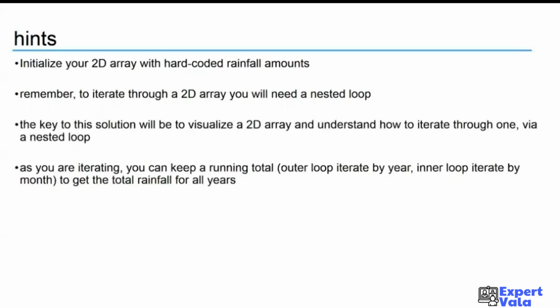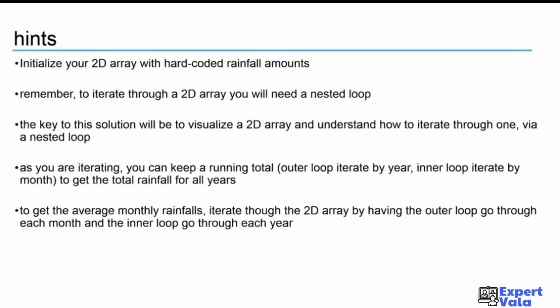So your first goal should be to just get that total rainfall for all years. And as you are getting the total rainfall, you can just print out the yearly total as well. Then after you are out of that loop, you can print out the yearly average. Then you are going to need another loop to display the monthly average. To display the monthly average, have an outer loop for each month, and the inner loop goes through each year.